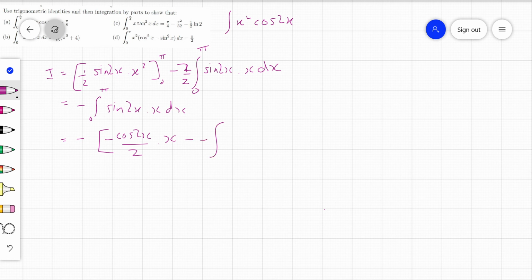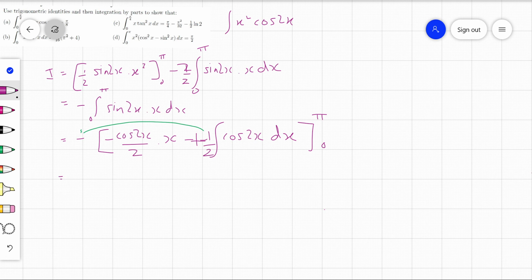Minus, now it's minus cos 2x on 2, so I'm going to make it on 2. And that minus minus becomes a plus. And the x differentiates to 1, so I'm just going to get dx there. So just remember this minus out the front. If I break it up, I'm going to have to times the minus by that positive a half.